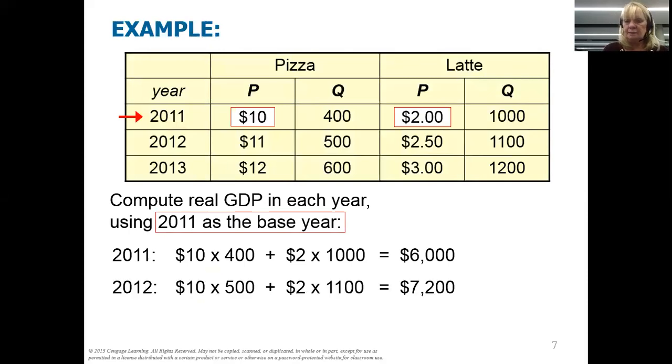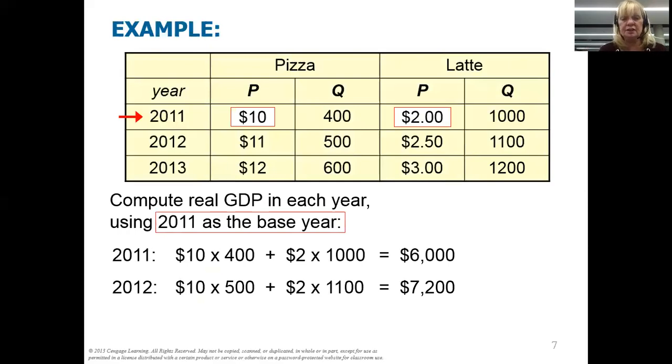And we're going to do the same thing on the latte side. We use the base year price for lattes, $2, but the 2012 quantity, 1,100. Add those together and you get 7,200. We're correcting for inflation. Since we're using the base year price, inflation doesn't come into the picture here at all. It's all about increases in quantity.